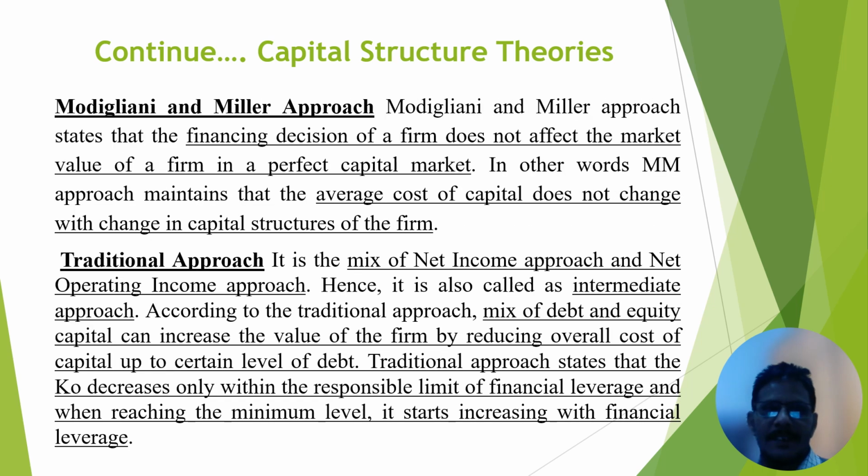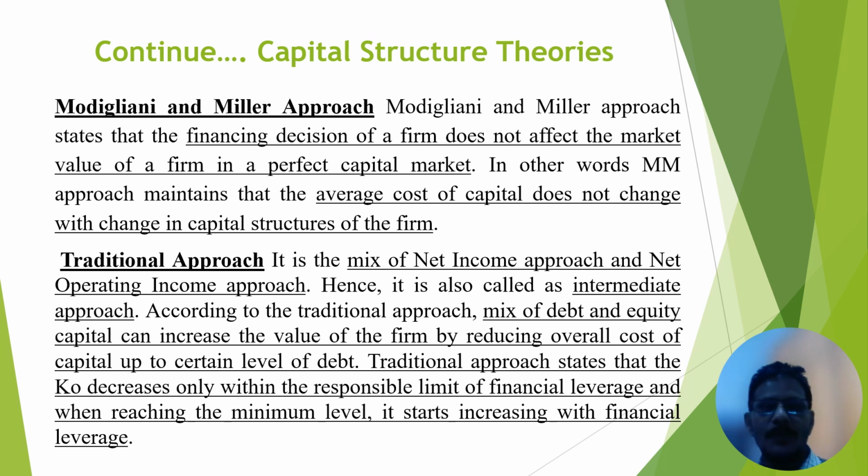Then the next one is the Modigliani and Miller approach. The Modigliani and Miller approach says that the financing decision of a firm does not affect the market value of a firm in a perfect capital market.